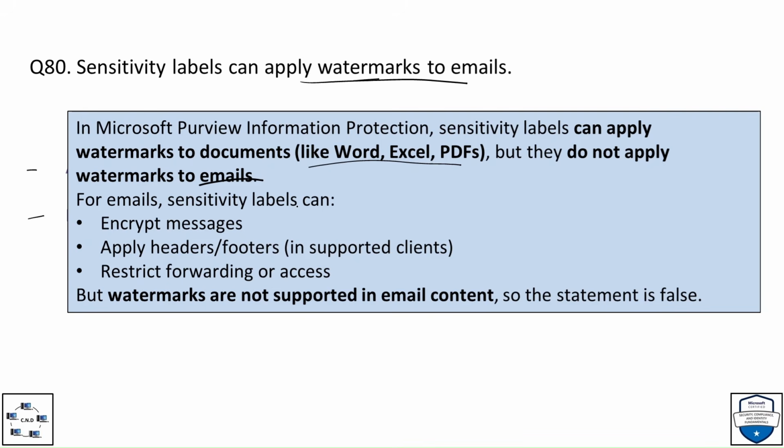For email, sensitivity labels can encrypt messages, apply headers and footers in supported clients, and restrict forwarding or access. But watermarks are not supported in email content, so this statement is false.